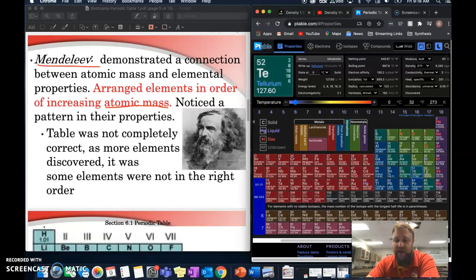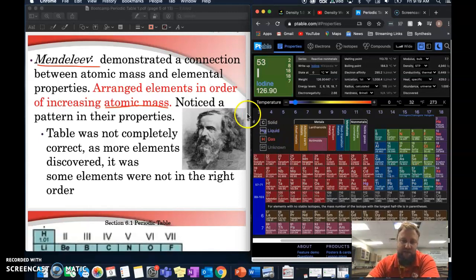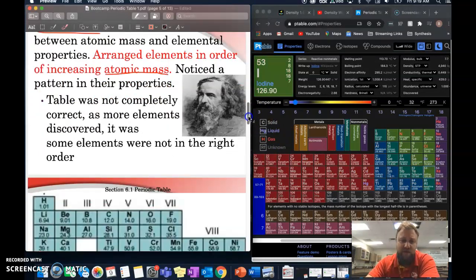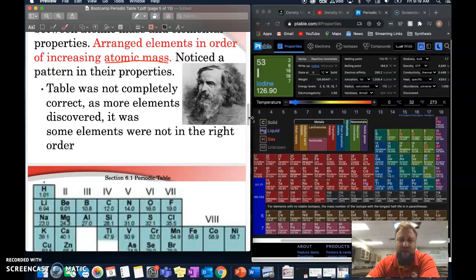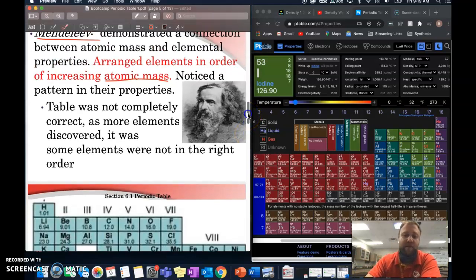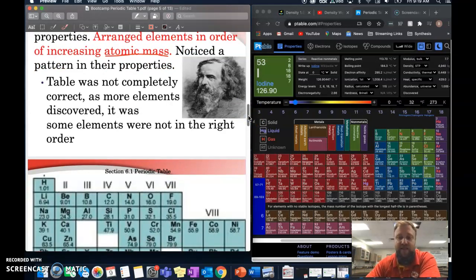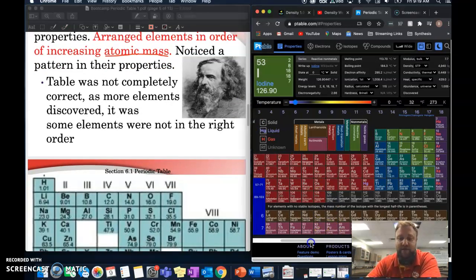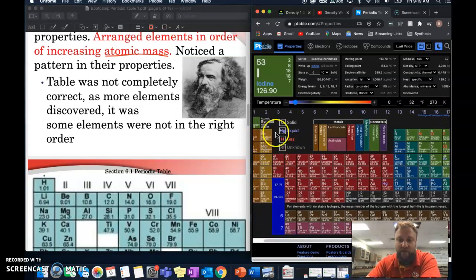So if we're going by mass, these would be out of order. So there's only a couple examples of that. So he was mostly correct with his periodic table. It was just that he didn't have the technology to know how many protons there were in it, and that's what we go by now. So the atomic number or the number of protons.